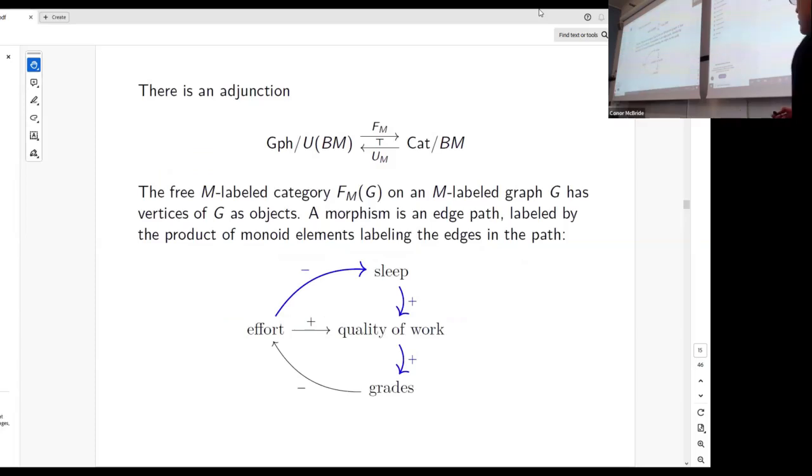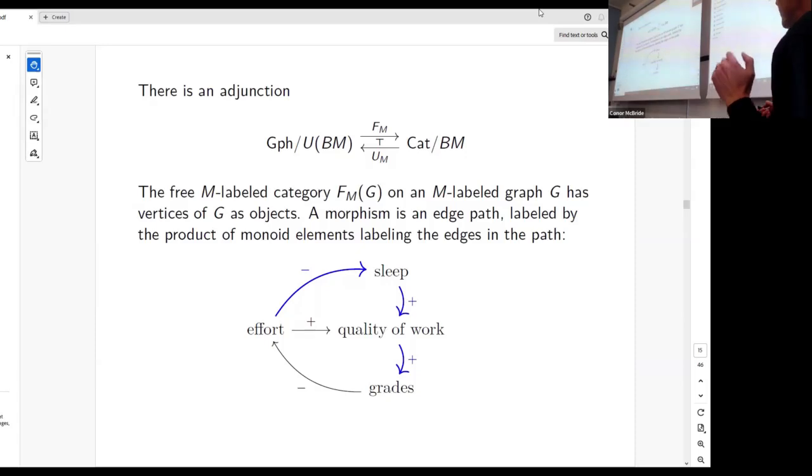And indeed, every M-labeled category has an underlying M-labeled graph. So this underlying functor U of M, what it does is it just takes your category, forgets the fact that you can compose morphisms and just thinks of them as edges of a graph.